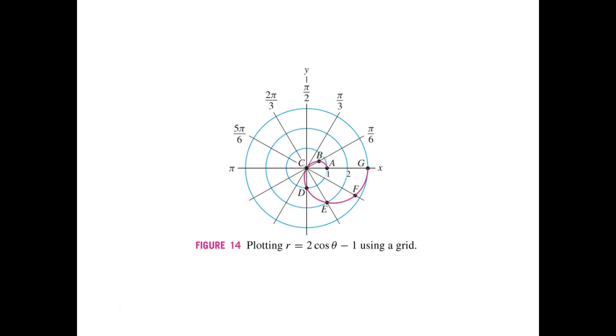And when theta is equal to 2/3 pi, cosine is 1/2. 2 times 1/2 is 1, and 1 minus 1 is 0. So when you come in along this line, it's at 0. It's coming in, but never crossing that point. It's at 0, 0, but it isn't just any 0, 0.